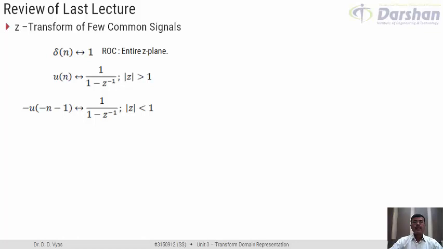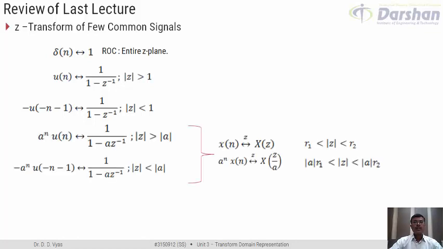Minus U of minus n minus 1 being an anti-causal signal, its ROC is mod Z less than 1, that is, it is interior to the unit circle. Further, we have also derived Z transform of signals like a raised to power n U of n and minus a raised to power n U of minus n minus 1, both using the formula as well as the property of Z transform.